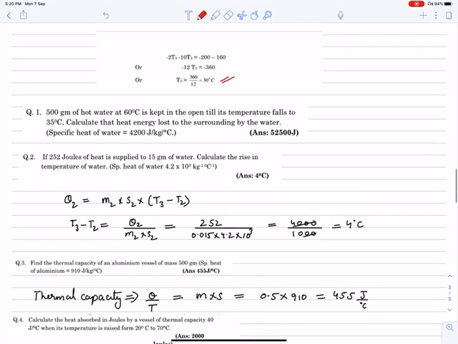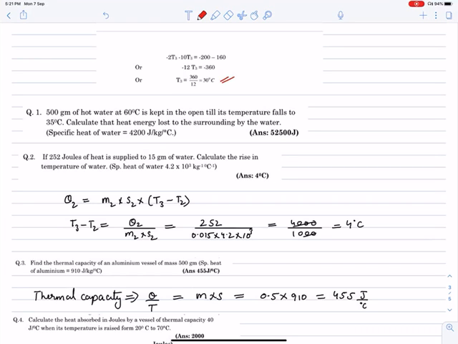Now question number 1. It is asking: 500 gram of hot water at 60 degrees Celsius is kept in the open till its temperature falls to 35 degrees Celsius. Calculate the heat energy lost to the surrounding by the water. So you have to calculate the heat energy loss. It is similar to example number 1, which I have solved.